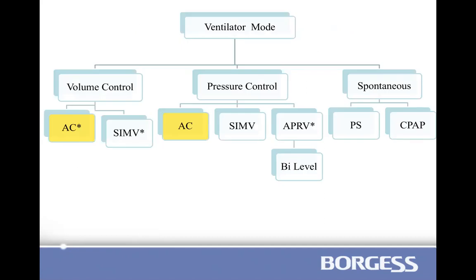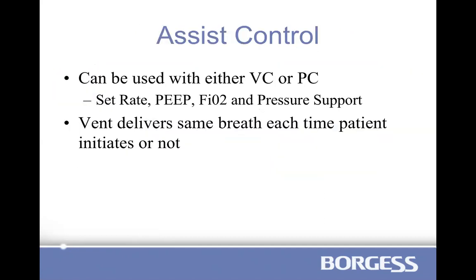A little bit more about assist control. I know we talked about it earlier, where you either have that assisted breath or that controlled breath. That is basically what assist control is. Either the machine does everything, which is great in your paralyzed patient, for instance, and you control everything about the breath.